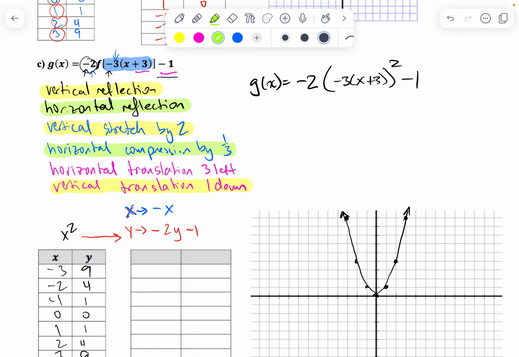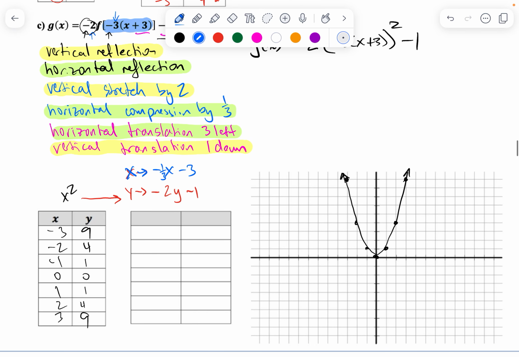Horizontal compressed by a third, so it's going to be 1/3 x. And then horizontal translation 3 left. So move 3 to the left. That means it's -3. All right, so let's plot these and see what they look like. So x is now -1/3 x minus 3, and y is going to be -2y minus 1.